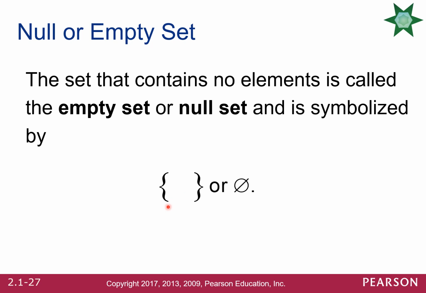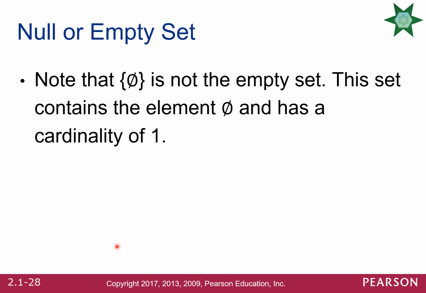One is just a pair of braces with nothing in between, or we use this special symbol, which is an O with a diagonal bar crossed out. It represents null in many cases.